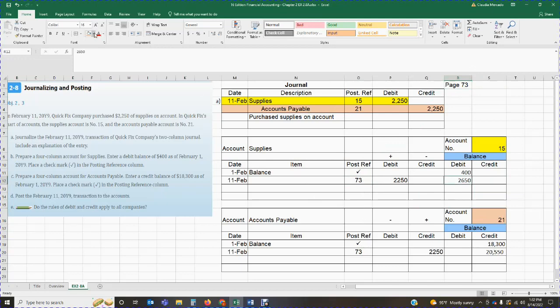So for example, for supplies, your ending balance is $26.50. The ending balance for your accounts payable is $20,550. And this is how you transfer your information from your journal to your ledger. Like I stated earlier, it is a tedious process if you do it manually. Now, thank the Lord, with all of the technology that we have, a lot of software does all of this for us with the click of a button.